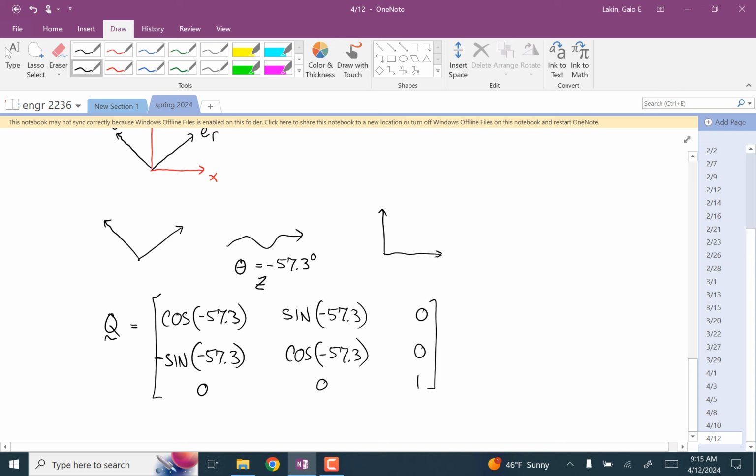Okay, so let's calculate this. This is fast if you have it programmed into your calculator.